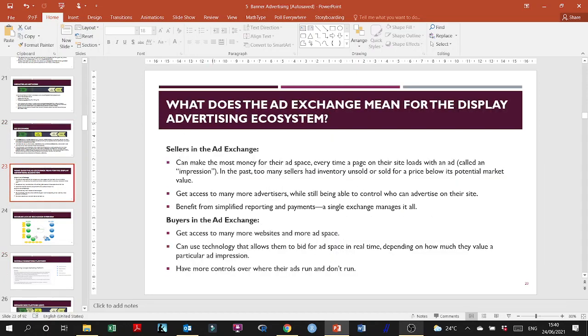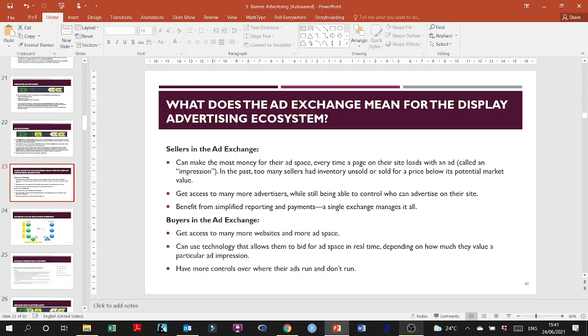Now, let's talk a little bit about what the ad exchange means for the display advertising ecosystem, for the sellers and for the buyers. Let's start with the sellers. Who are the sellers again? The sellers are the suppliers of the ad inventory. An ad inventory is an ad space.